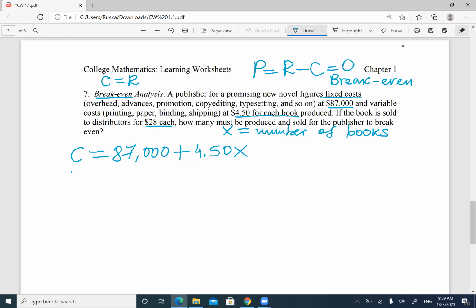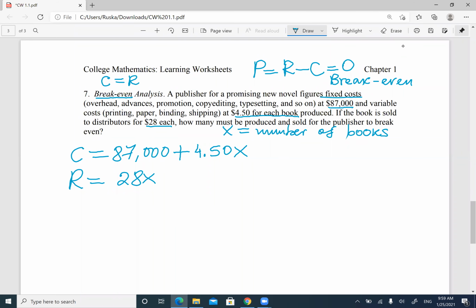Then let's find the revenue. The revenue is how much money I'm going to get when I sell the books. So each book is going to be $28. So my revenue is going to be 28 times X. Everybody understand this? So if I want to find the profit function, I'm going to write revenue minus cost. But in this case, you're looking for the break-even point.